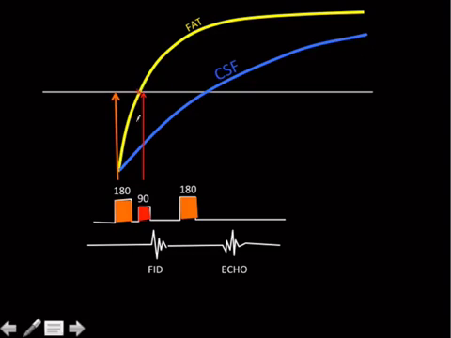This is a magic point. There's no transverse component for the excitation of that signal from fat, so basically there's no signal. So STIR is short. The TI is around 100 to 175 milliseconds, and that value is going to change at different field strengths.